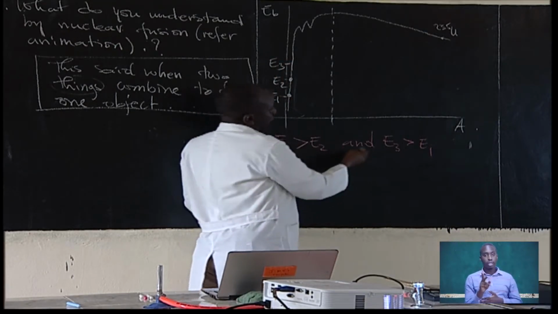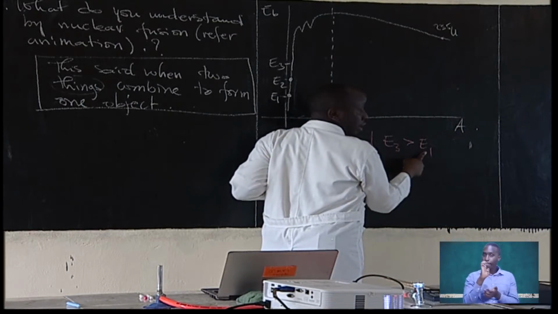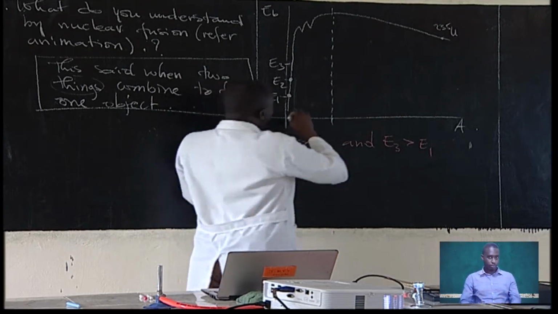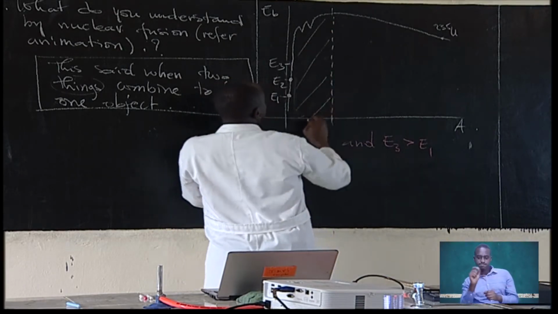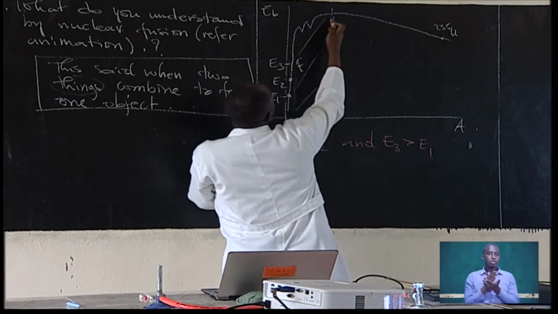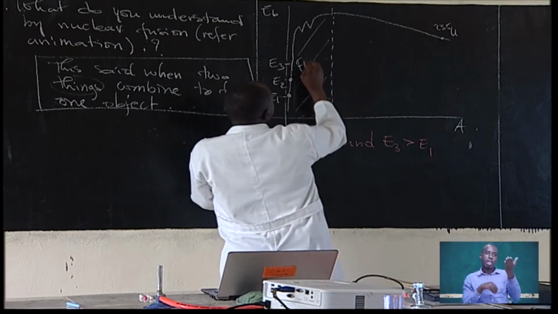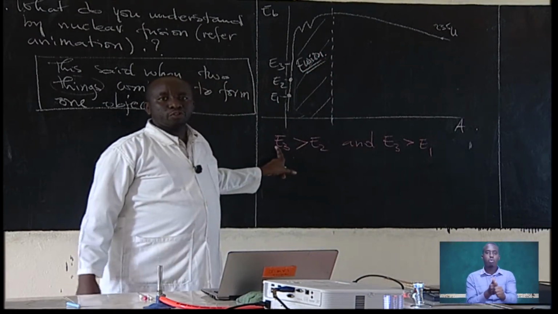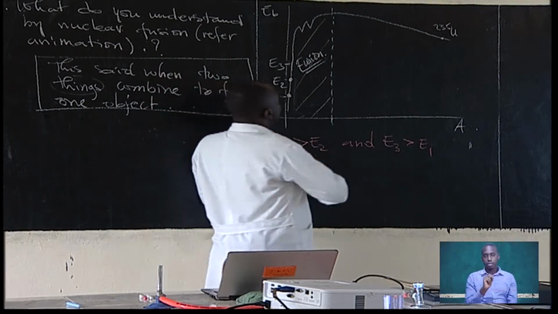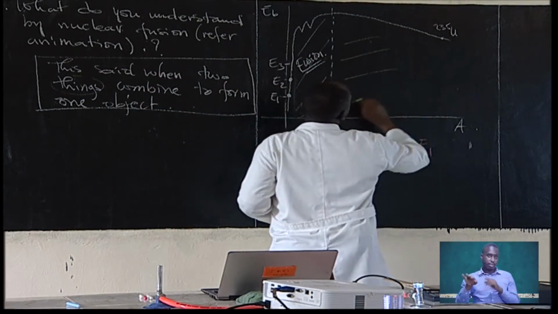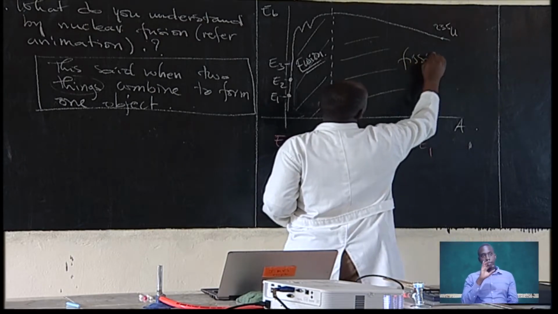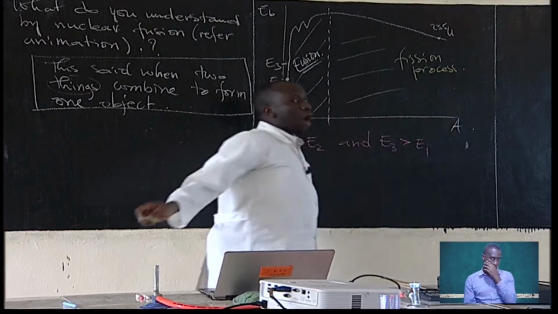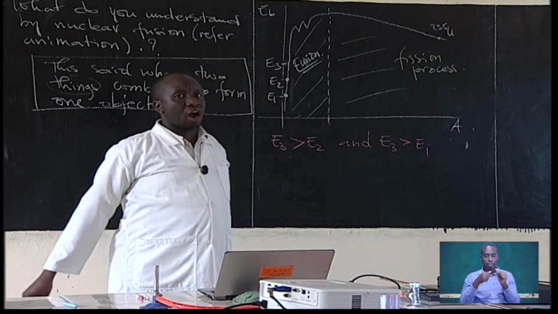And also E3 is greater than E1. You understand, students? So this diagram can help you find out that the atoms on this side undergo the fusion processes, but the ones on this side undergo the fission processes, right?